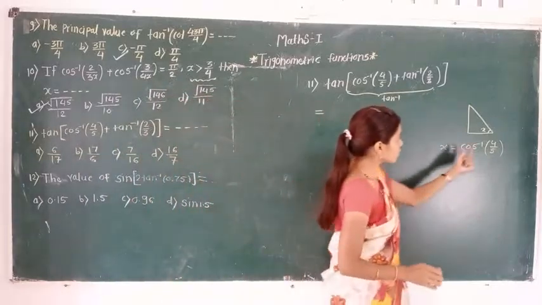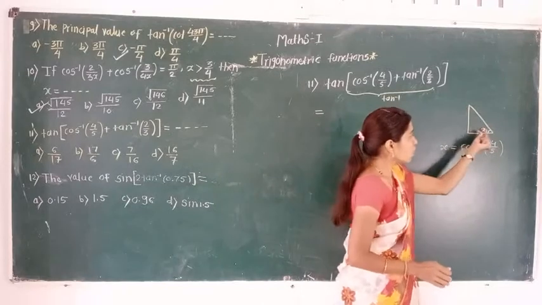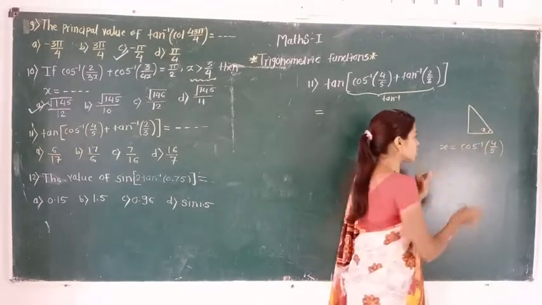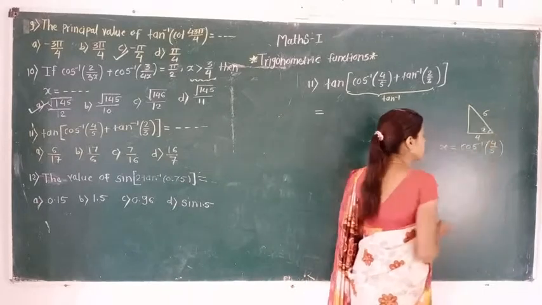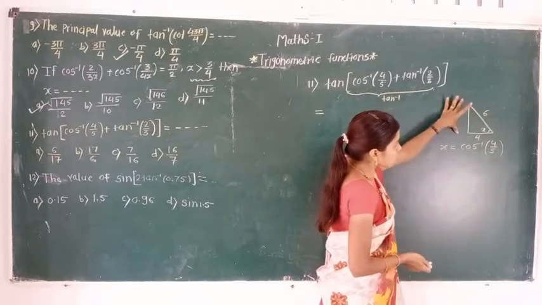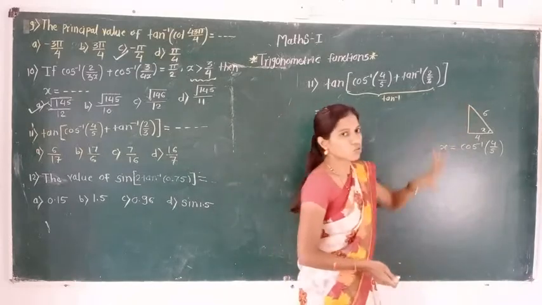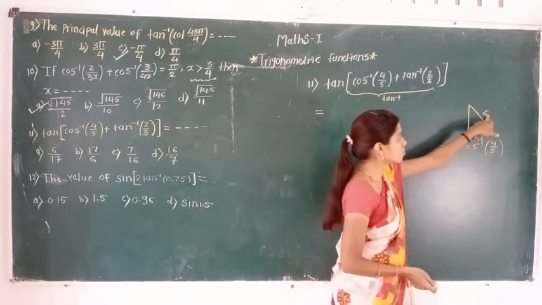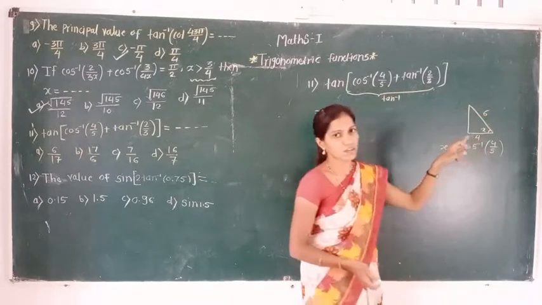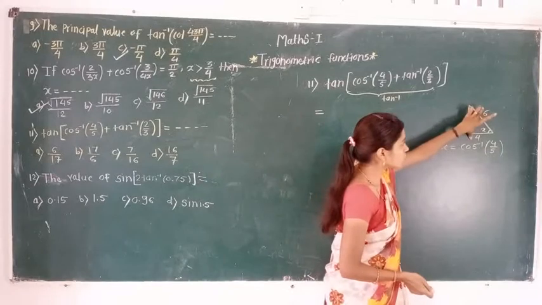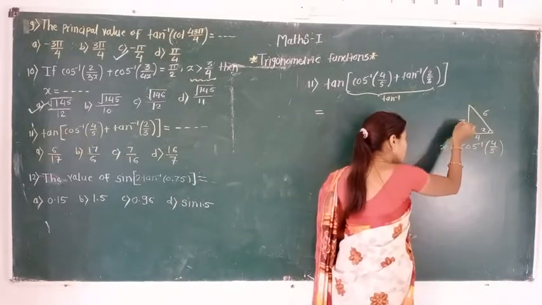So here cos inverse of 4 by 5, we know that cos is determined by the adjacent side. The adjacent side is 4 upon hypotenuse 5. So using the Pythagoras theorem, first we have to find the remaining side of this triangle. So by using Pythagoras theorem, 5 square is 25, 4 square is 16, and the difference between the squares of these two terms is 9, and taking the square root of 9 is 3.